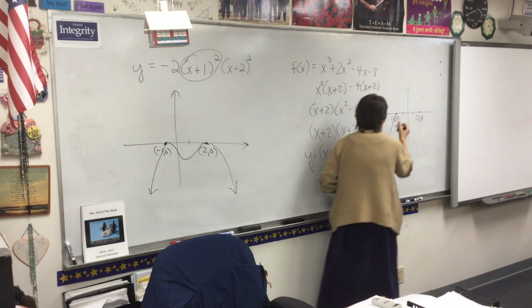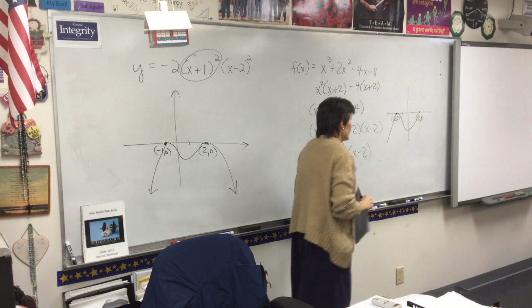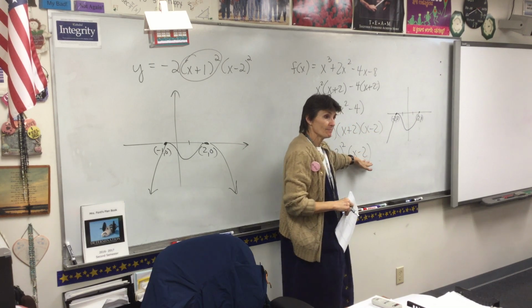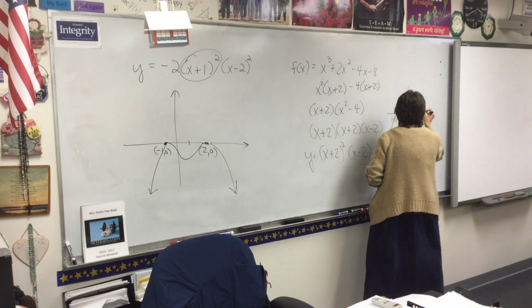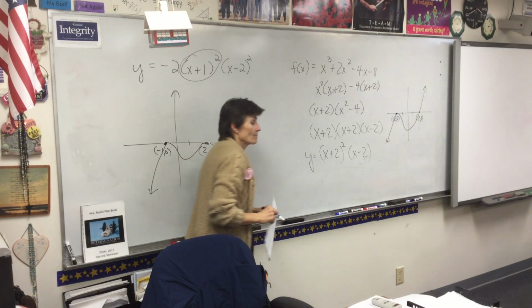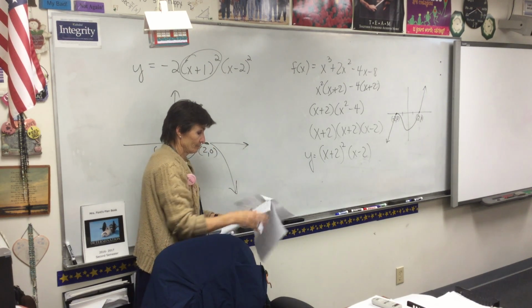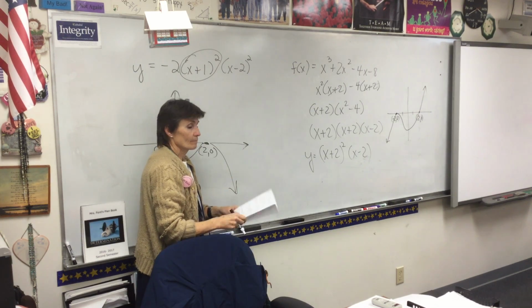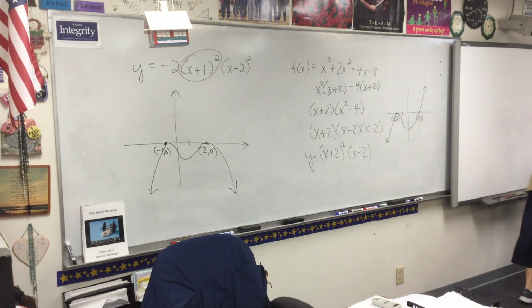There's 2 of them, so it's going to bounce down. That dot came from here, so it's just going to keep right on going. All right, done. That was the whole test.